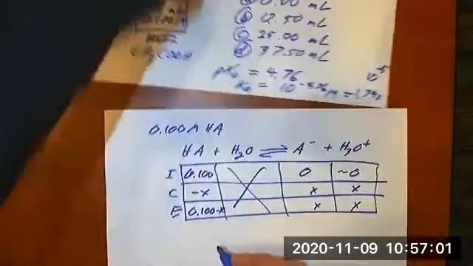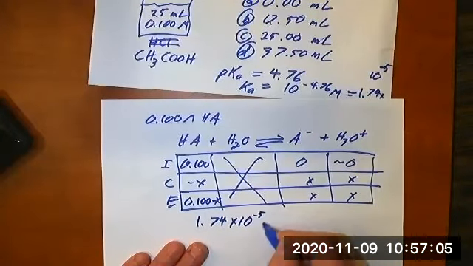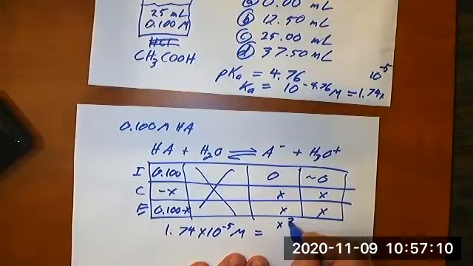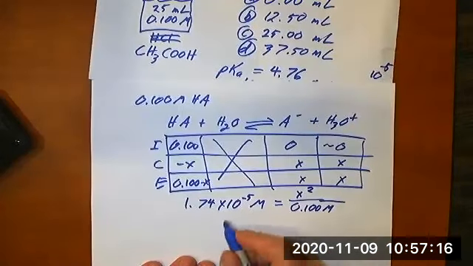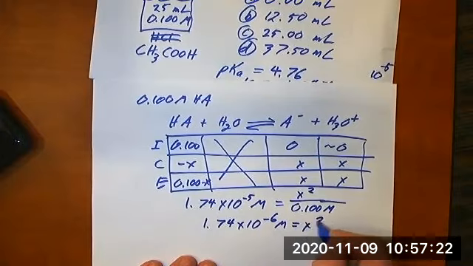So we now have 1.74 times 10 to the negative fifth molar equals x squared over 0.100 molar. So we get 1.74 times 10 to the negative sixth molar squared equals x squared.